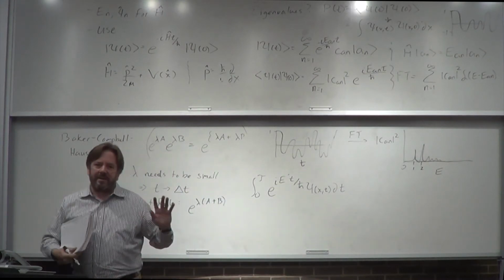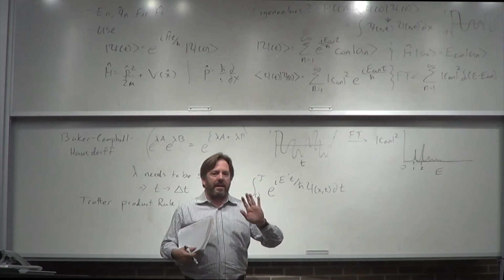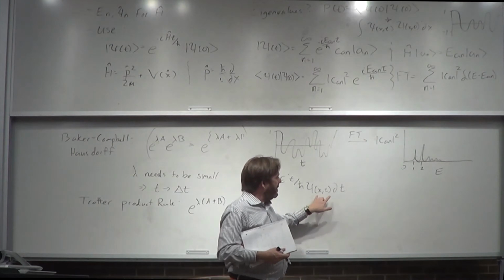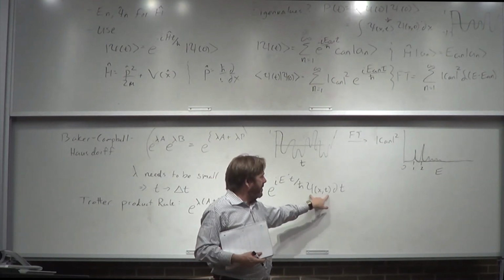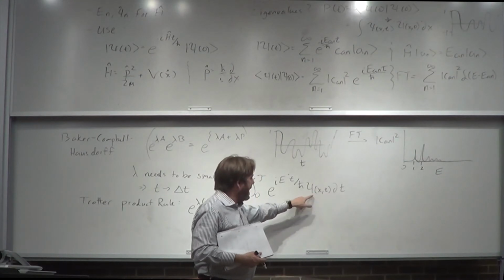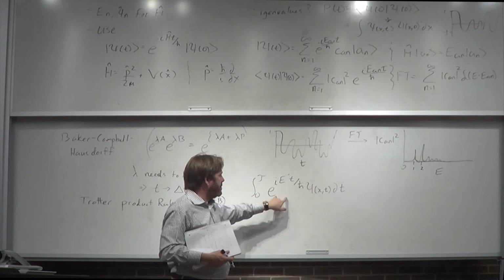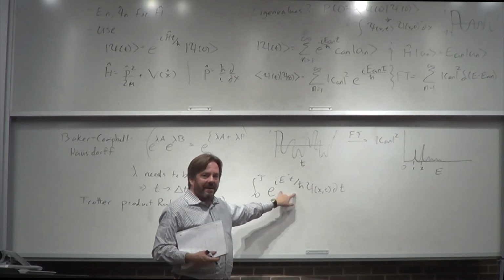Okay, now what this really means. I'm always telling you that theoreticians have a way of making things look impossible, and it's actually really easy. What you're doing is, you're going to evolve the wave function in time by the mechanisms we just talked about. At every time step, you're going to take the wave function and multiply it by cosine of Et over h bar plus i sine, and save that.